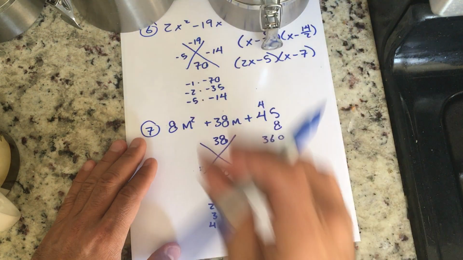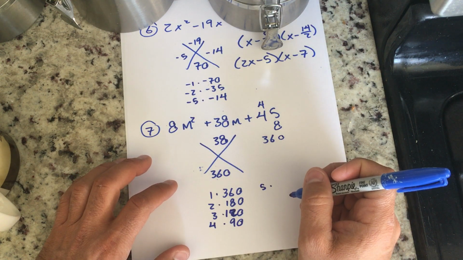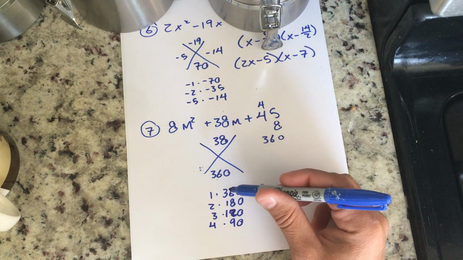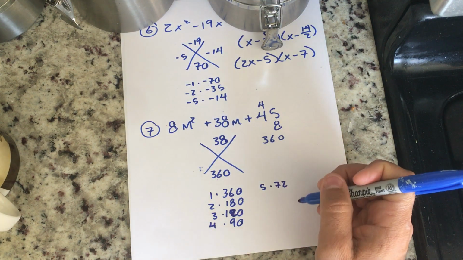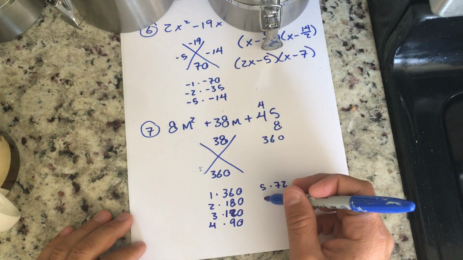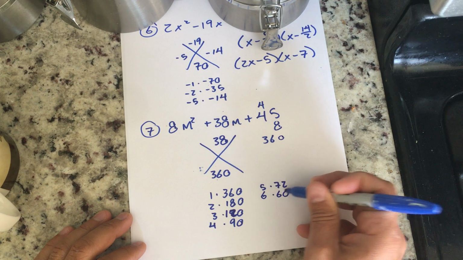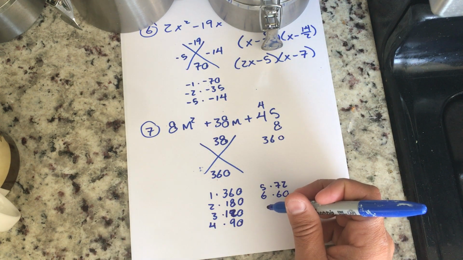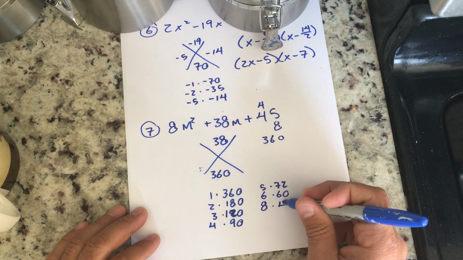I'm off the screen, I'm going to start over here. 5 times 72, that's not going to do it. 6 times 60, that's not going to do it. 7, no. 8, yes, 8 times 45.